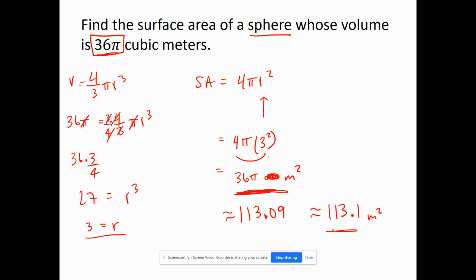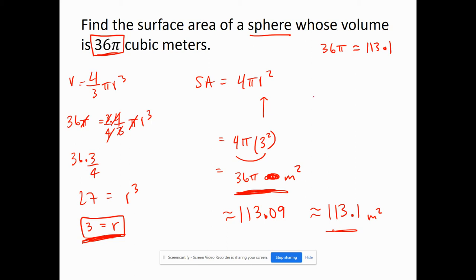What we just figured out here is that the surface area and the volume ended up being the same thing, because 36 pi is 113.1. Which is a little bit weird. It's kind of a coincidence. This isn't always the case that they're the same. This is kind of the magic number of the radius where they end up being the same.